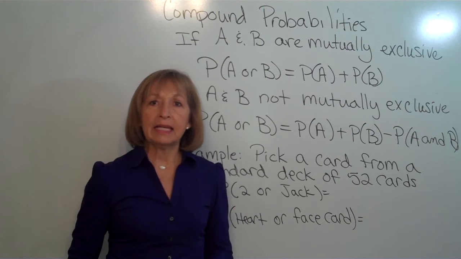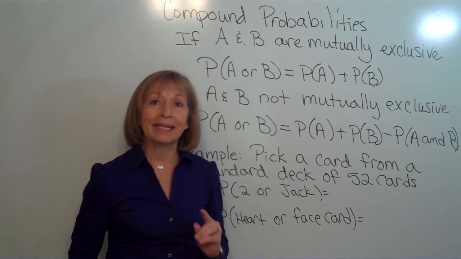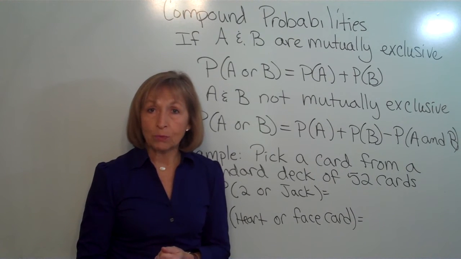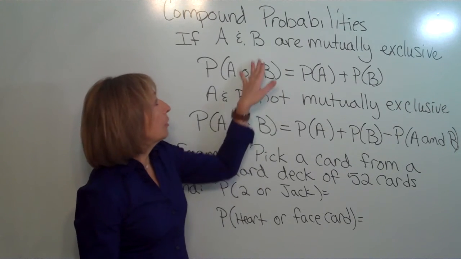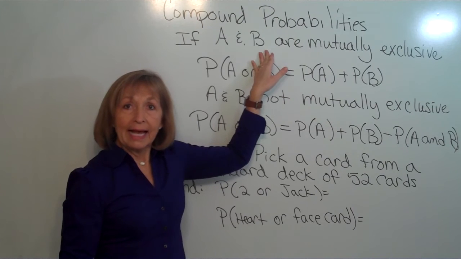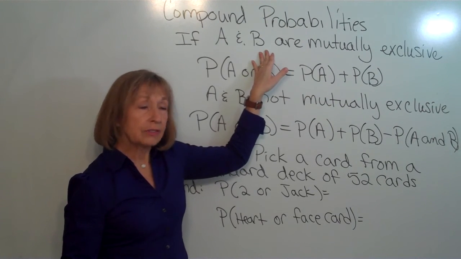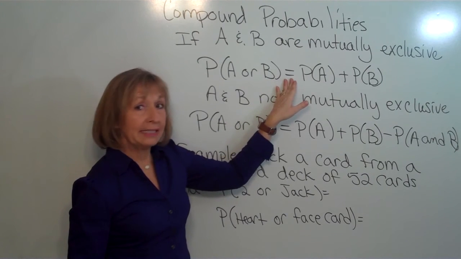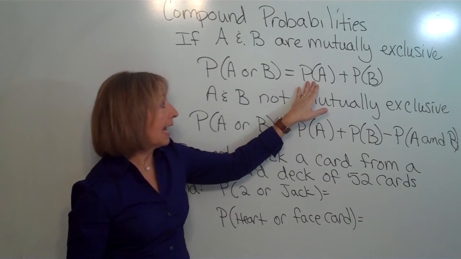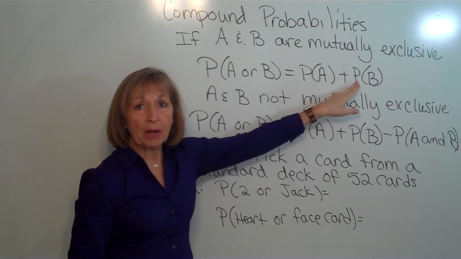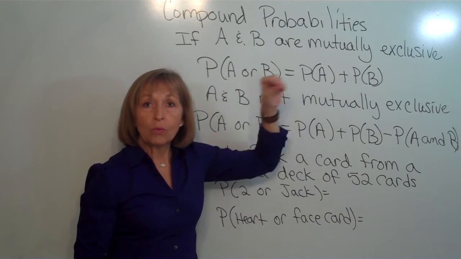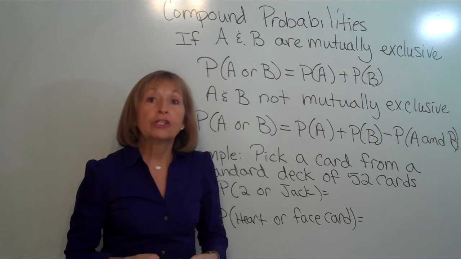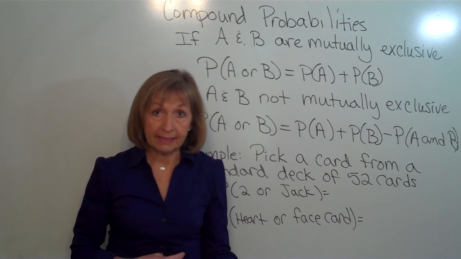If there's nothing in my sample space that has the characteristics of both A and B, then they're called mutually exclusive. And if the events are mutually exclusive, you find the probability of A or B by taking the probability of event A, adding to it the probability of event B. So when it's or for your compound probability, you add the probabilities.